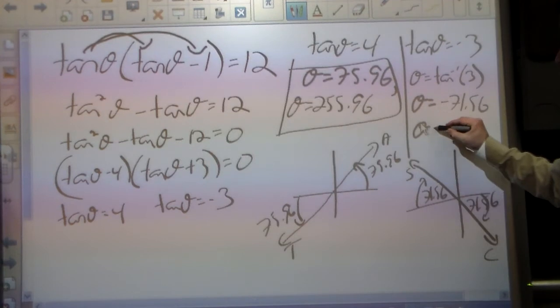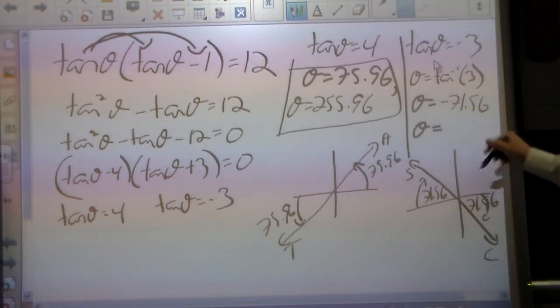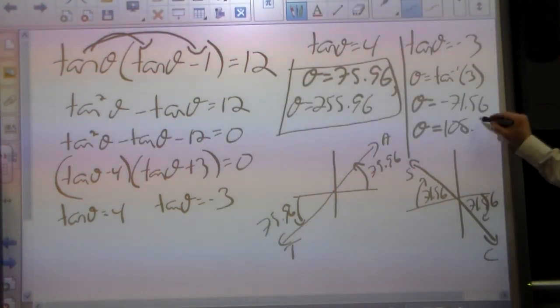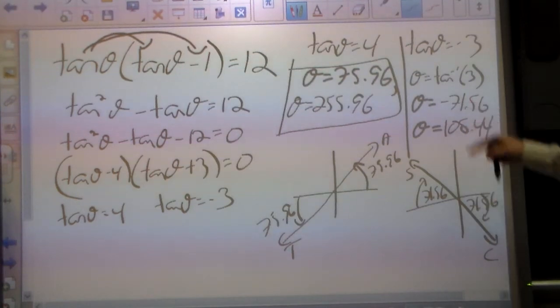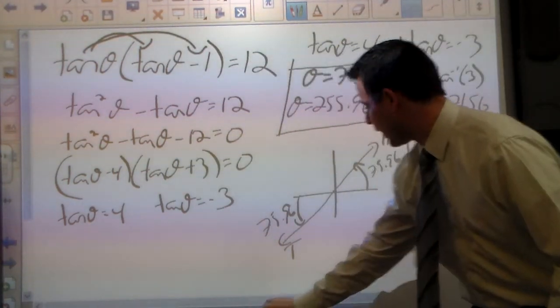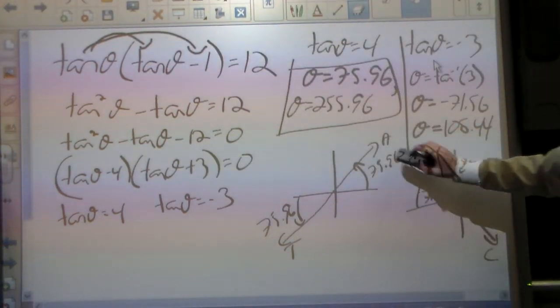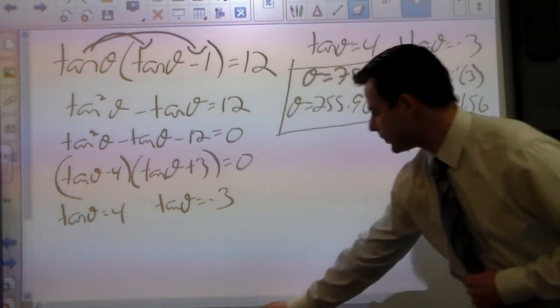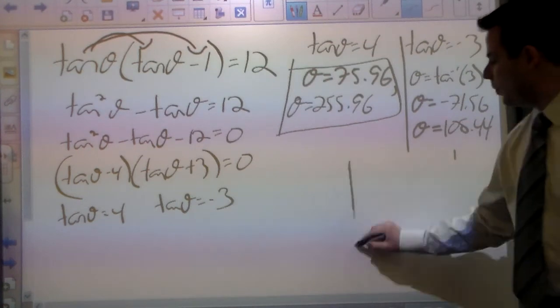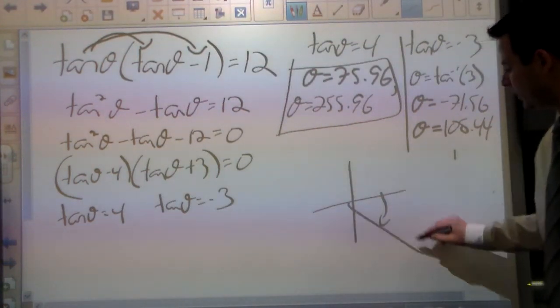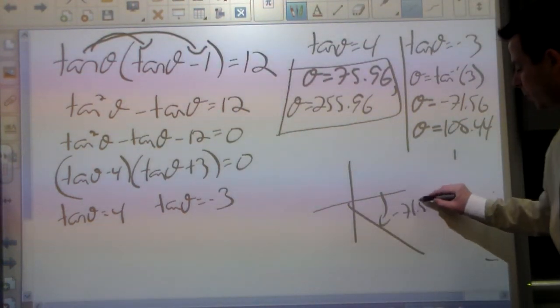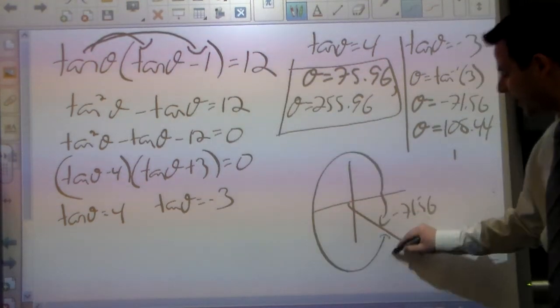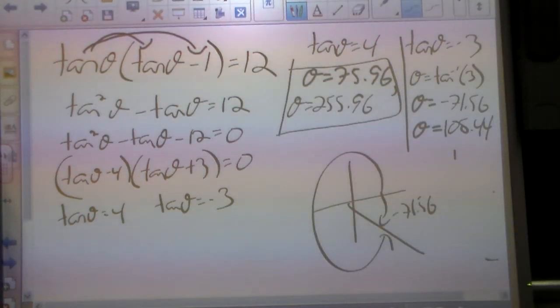So theta equals 108.44. Let's convert that first angle and find the coterminal angle. So I'm going to get rid of all this because it's getting a little messy. So now what we had was negative 71.56. Let's find that angle, coterminal, and to get the same spot, let's just express it as a positive angle rotation.